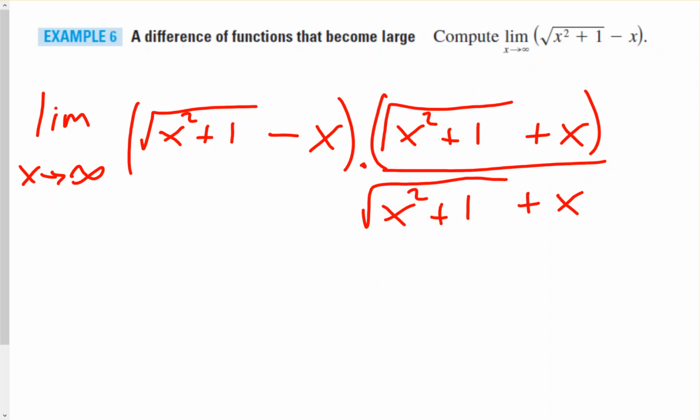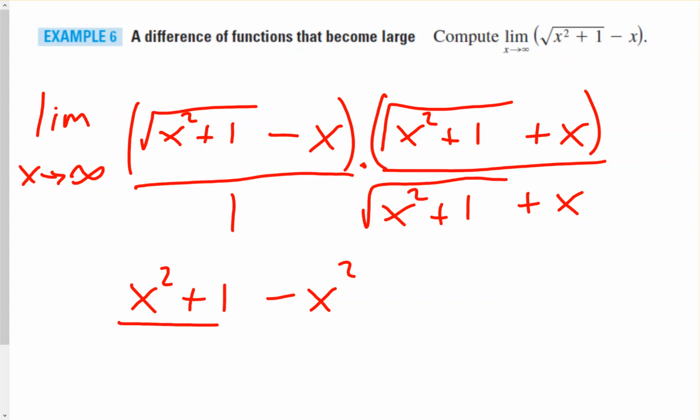By doing that, we can FOIL the top. Put this over 1 if it helps you visualize it. You'll have the square root of x squared plus 1 times the square root of x squared plus 1, which just turns into x squared plus 1. Then we have negative x times positive x, so that's negative x squared. On the bottom, you have the square root of x squared plus 1 plus x.